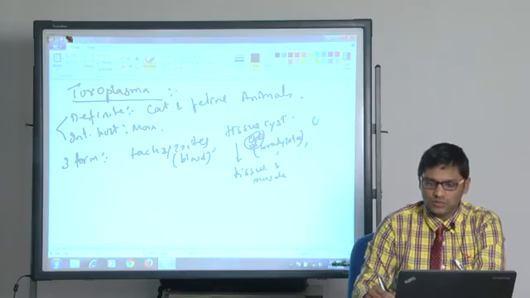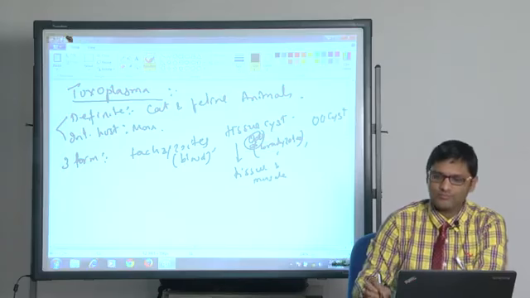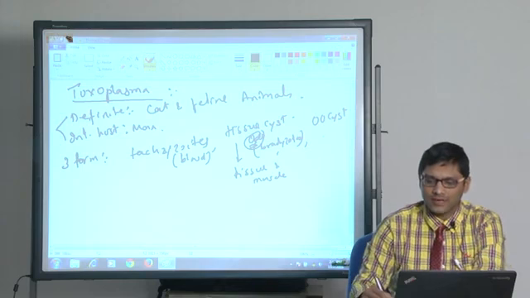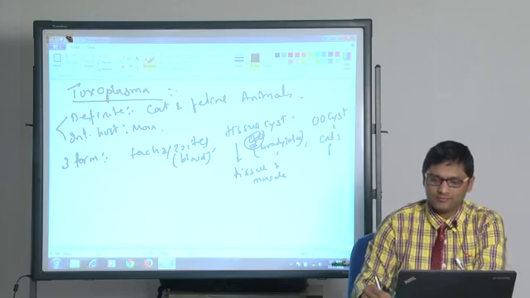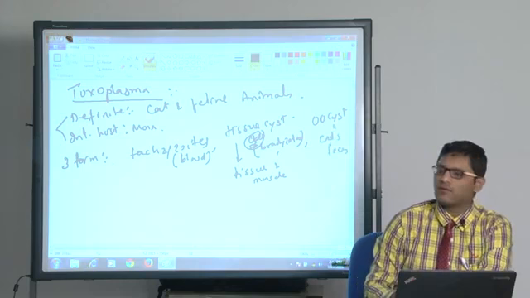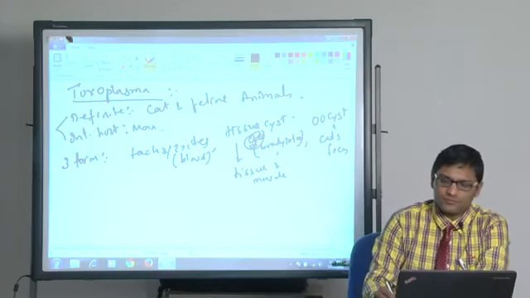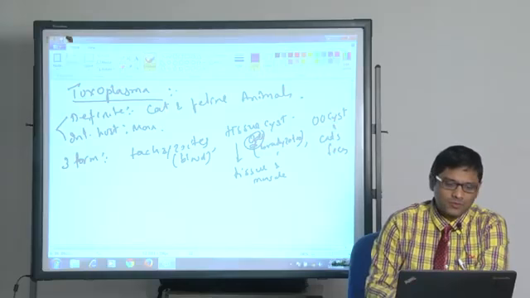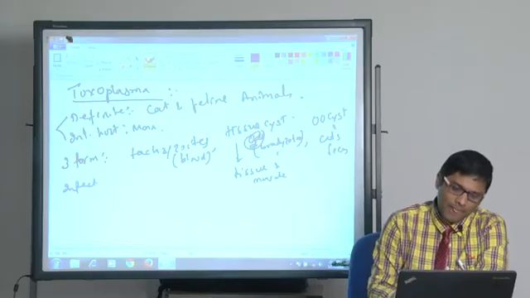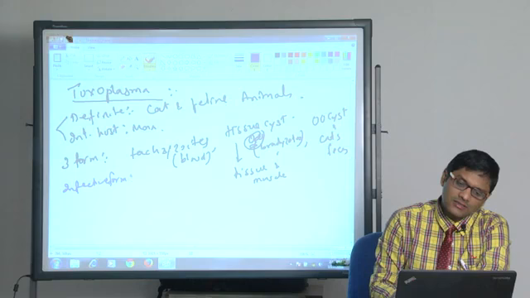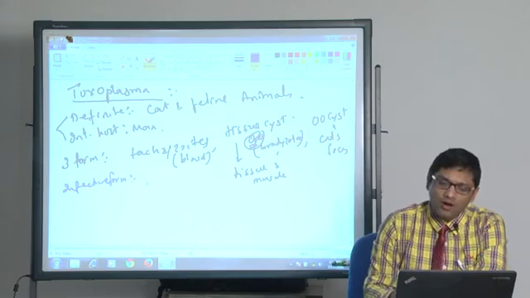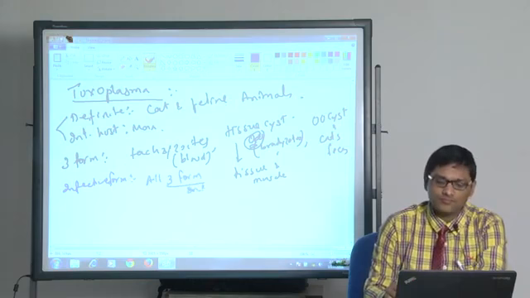Third is oocyst. Oocyst is seen in cat species. So, 3 morphological forms are there. And if they ask you which is the infective form, answer is it is the only parasite where all the morphological forms are infective.